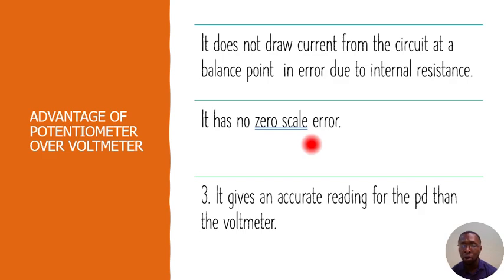You just move your jockey from one place to the other and get your measurement. The last advantage is that the potentiometer gives a more accurate reading than the voltmeter. So these are the advantages the potentiometer has over the voltmeter when it comes to measuring potential difference or voltage.